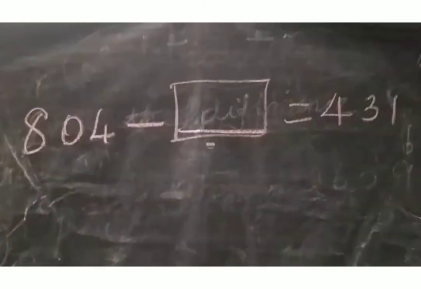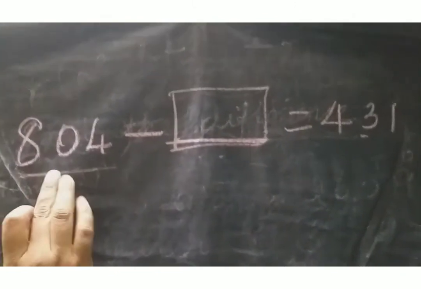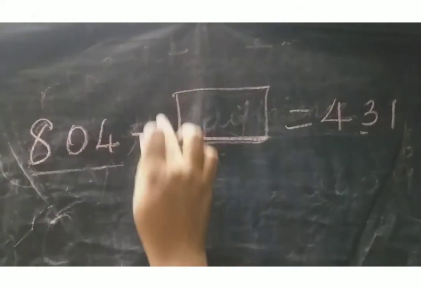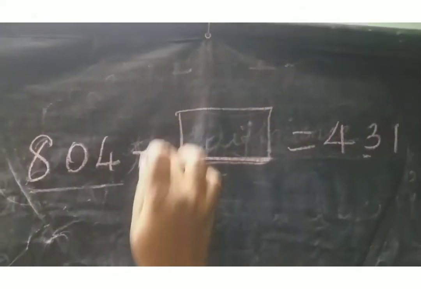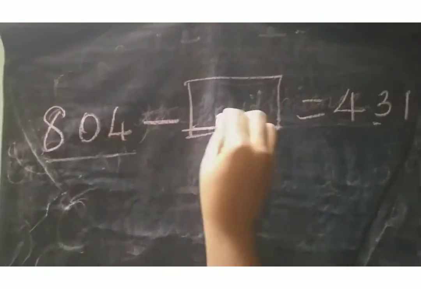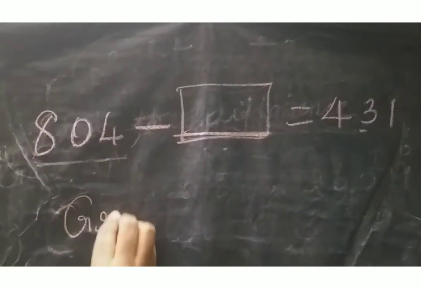Okay. Here listen, all of you see this sum. This is difference. And here the greatest number and smallest number are given in the form of a dash, and the answer is the difference, isn't it? So you have to find out the smallest number. So you should write the greatest number.